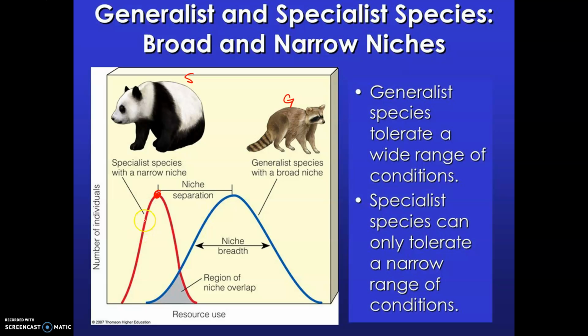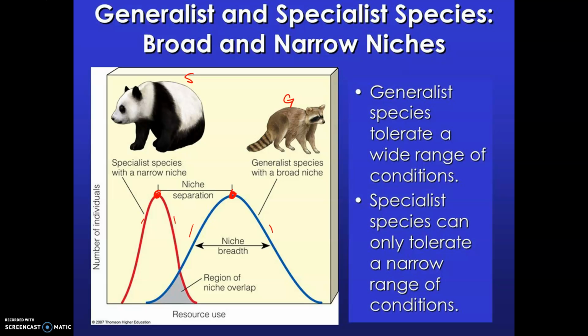It can fluctuate a little bit to the right and the left, but not much. If we take a look at our raccoon, we have a very large and wide curve here. Again, the top is going to be the best where we see the most number of individuals, but it has a lot more wiggle room of how it can survive in each area.